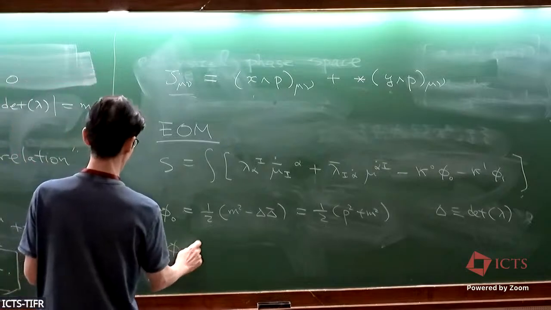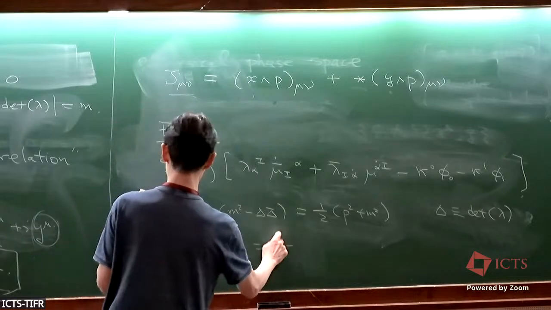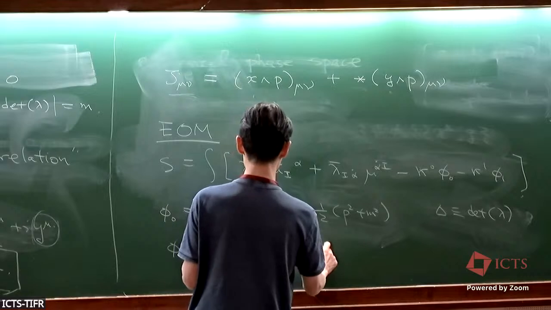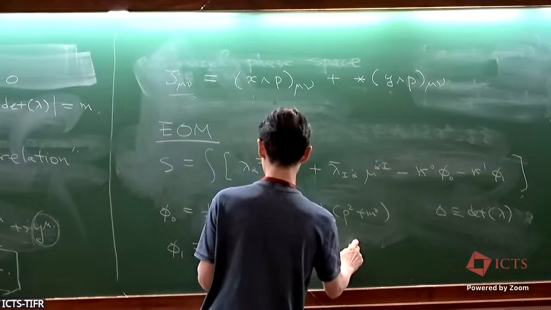And this phi 1 is the generator of the U1 symmetry, which we didn't want, but was there from the Twistor coordinates.